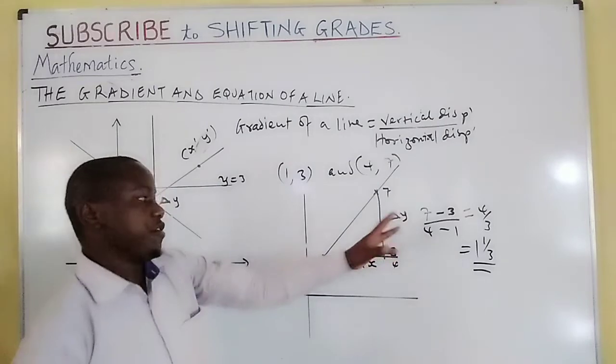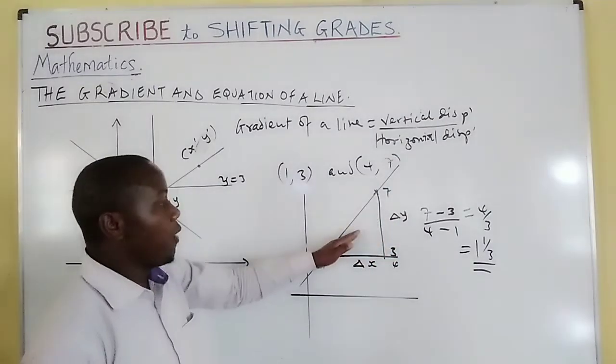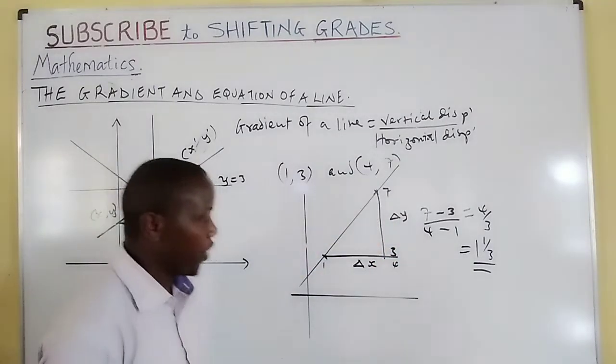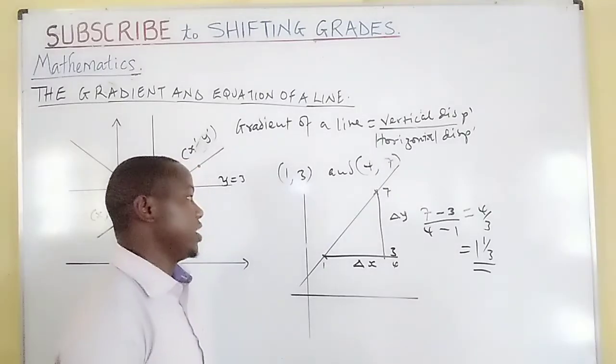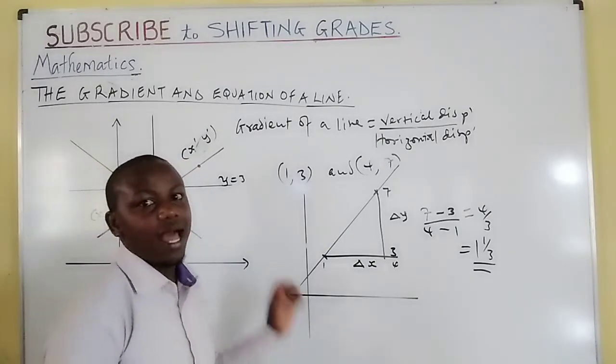Therefore, you find that measure of how a line is sloping or how steep it is, we call it the gradient of the given line.